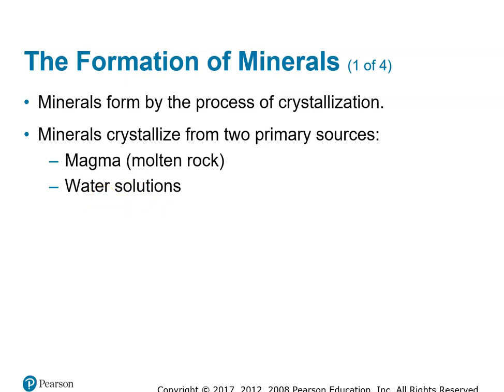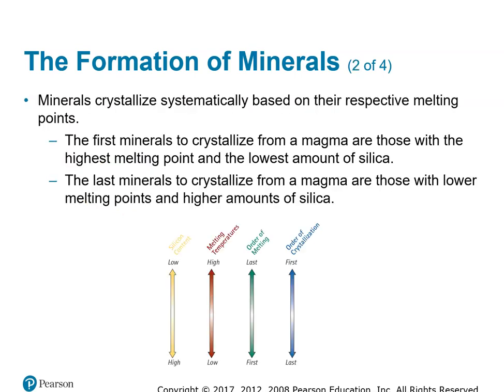Precipitate means that when the water evaporates away, the minerals that had been dissolved in that liquid water now come out. That's what it means to precipitate. They precipitate out.